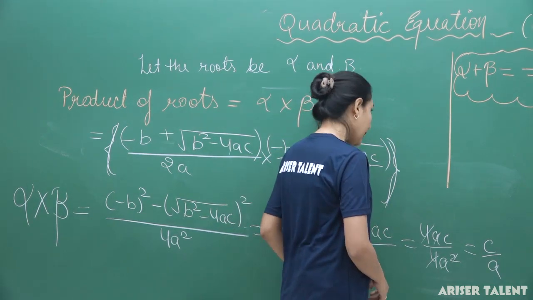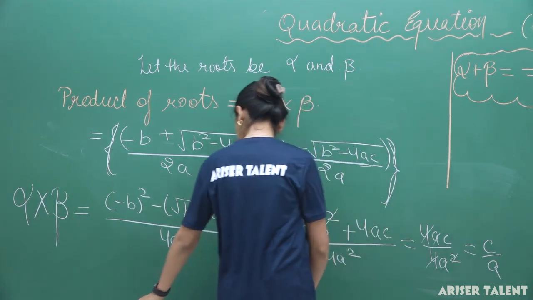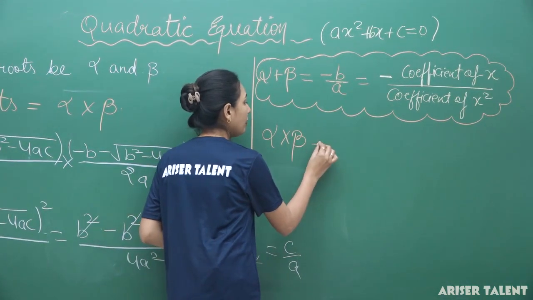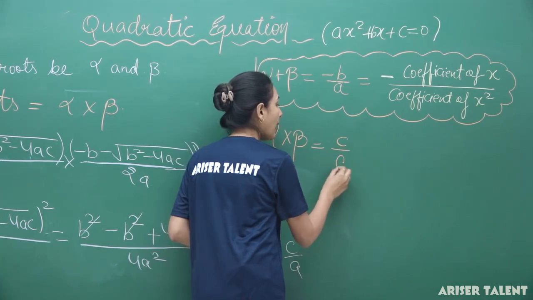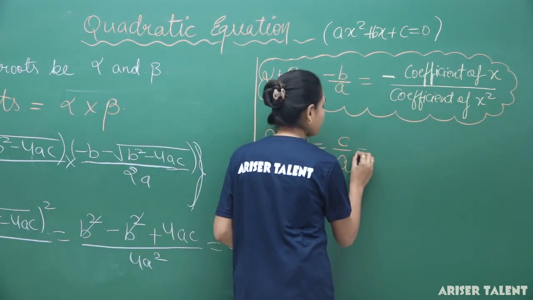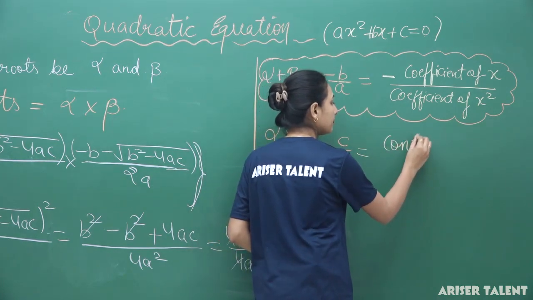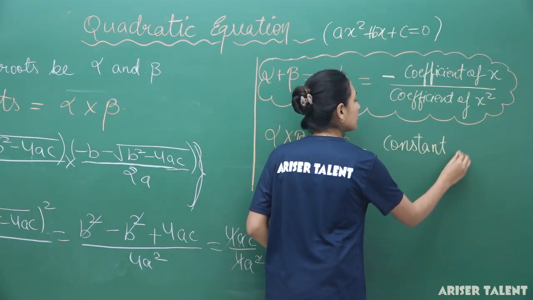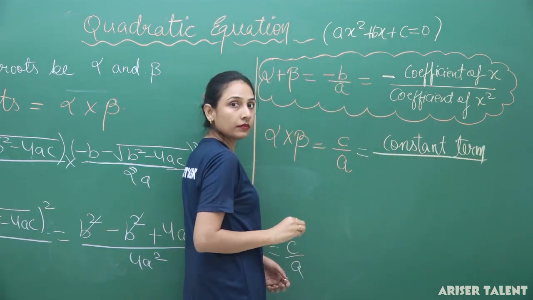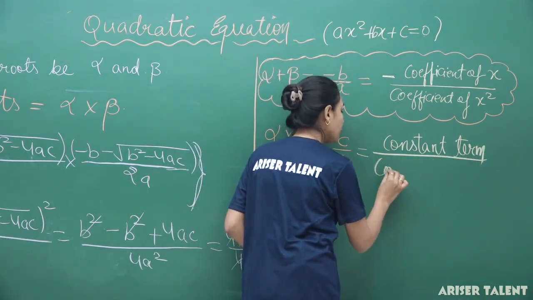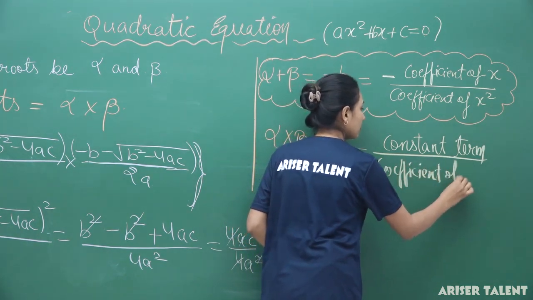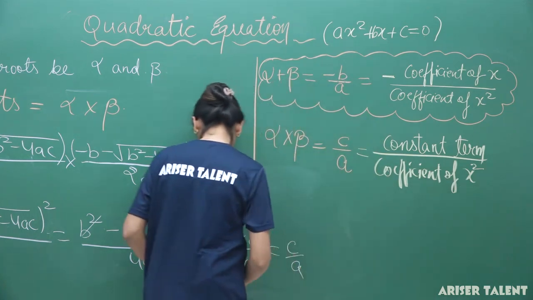So can I write this here that alpha multiplied by beta will be equal to what? C by a, and that is equal to what? That is nothing but the constant term divided by the coefficient of x square, isn't it?